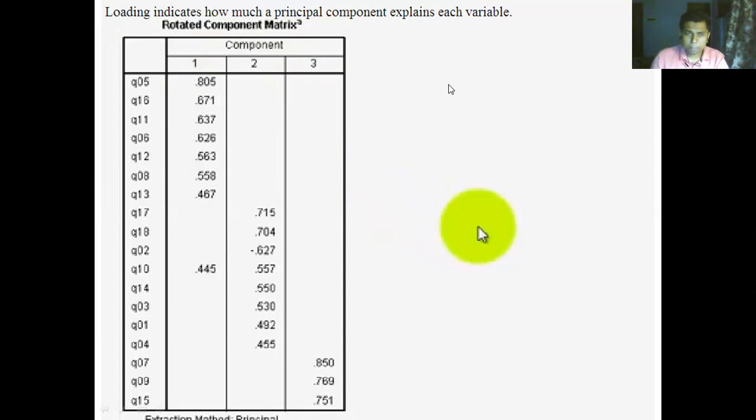Because it is not like you are actually considering some factor or some construct or some latent variable, and under that you are considering some particular manifest variables.